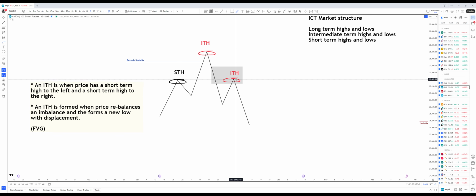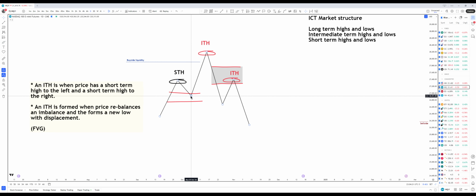Then we retrace back into a fair value gap or an imbalance. Right here, when you see green candles going up into here and then form a swing high in the FVG, this is going to be your intermediate term high, all right?